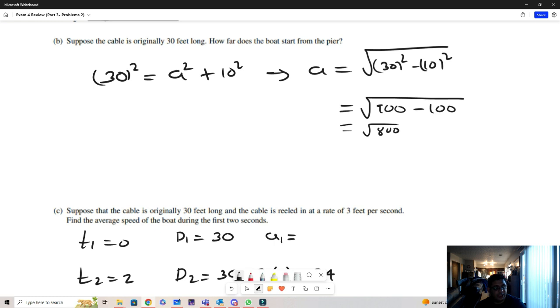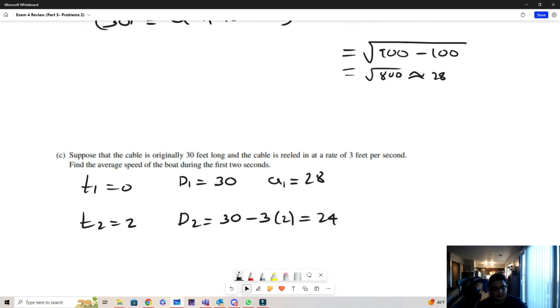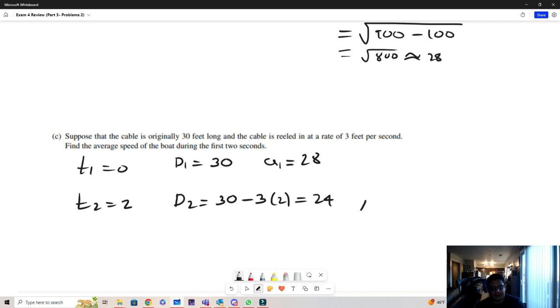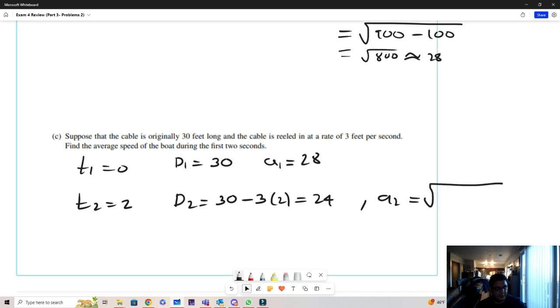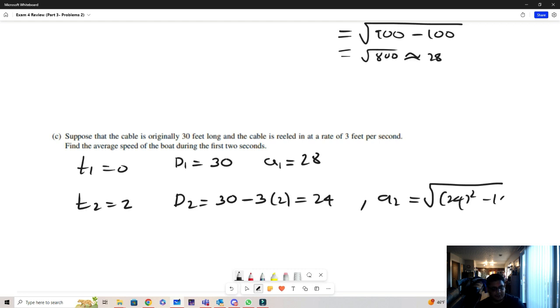And so that'll be 28. Right, let's say this is 28. Now we can find A2 by doing the same thing that we did with this one. So it will be the square root of this 24 squared minus 10 squared.